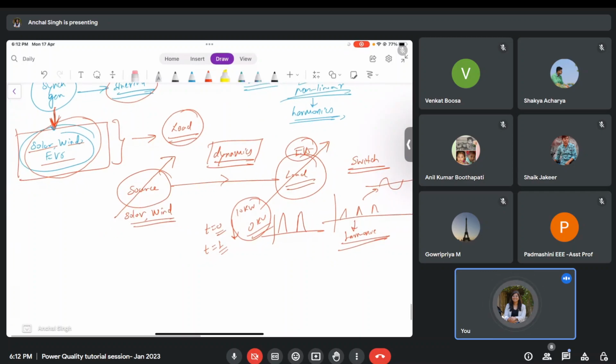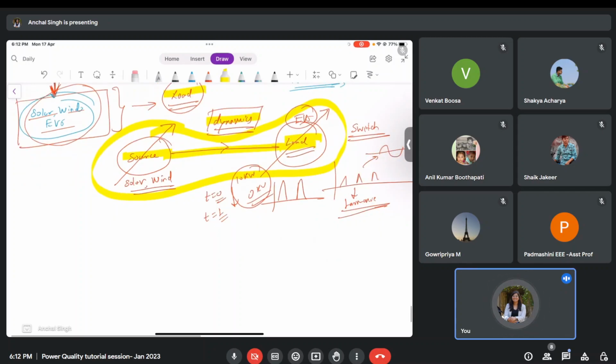Because of these changes in source and load, if you look at our electrical grid system, you can say that the overall dynamics of our electrical grid system is changing, right? So we need to take care of the new problems that are coming up, and most of these problems are studied under the tag name of power quality.